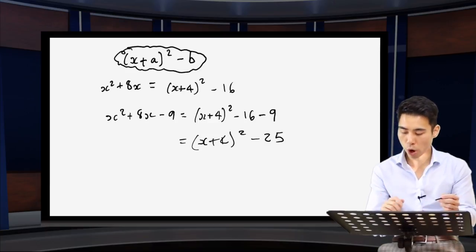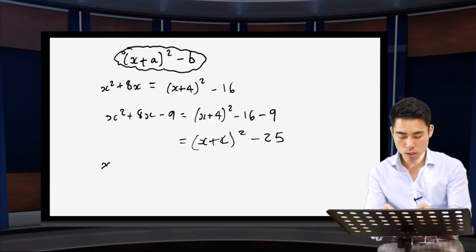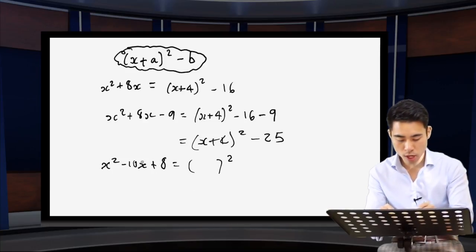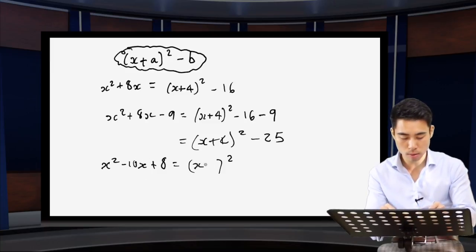Okay, let's go through one more example. This is going to be an example where our coefficient on x is negative. Okay, so it's going to be in this form here. In terms of getting to this expression here, what do we need to do? Well, it's going to be x, it's going to be minus 5.